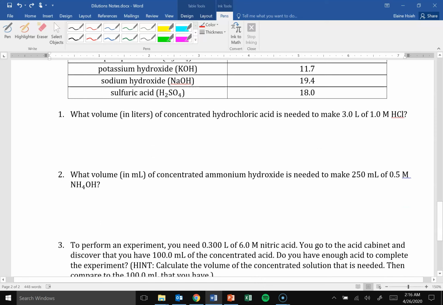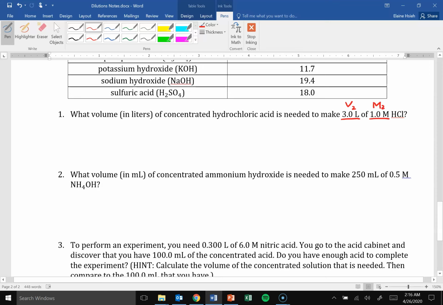Number 1 says, what volume in liters of concentrated hydrochloric acid is needed to make 3.0 liters of 1.0 molar HCl? Let's look at what we are given. 3.0 liters of 1.0 molar HCl are what we want to make. So 3.0 liters is V2 and 1.0 molar is M2.